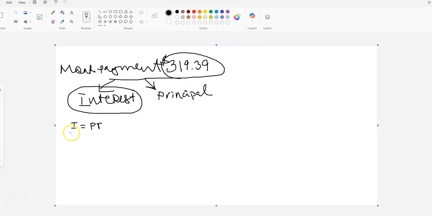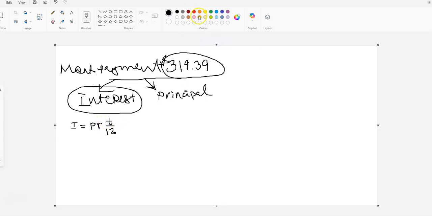For the simple interest formula, the time is usually in years, but since we have annual interest here in the problem, and we pay a monthly payment, not once a year, we pay every month, and we have 12 months. We divide this by 12.